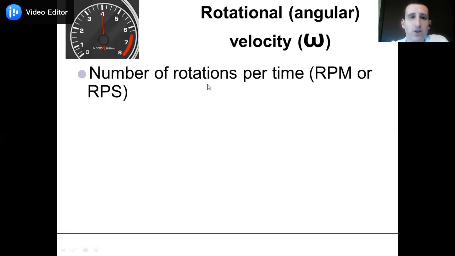Rotational motion is a little tricky. There's a couple of different ways to think about it. Really, there's one way, but when we think of linear velocity in a rotational setting, it can cause some confusion. So the number of rotations per time, RPMs or RPSs, we're familiar with that from our car, right?